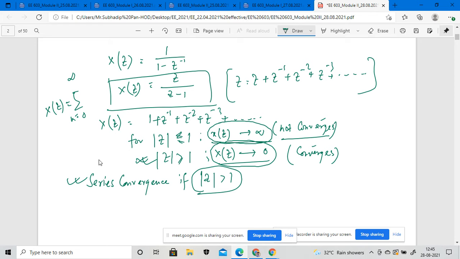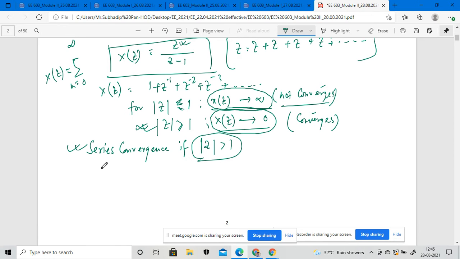So for finding the z transformation of this particular form of functions or variables, this particular z value will act as a dummy operator. Keep in mind these things. Whenever we are considering series convergence, the mod of z, that means the value of z, will be greater than 1.